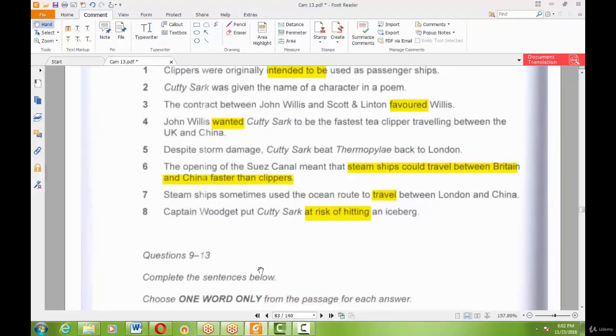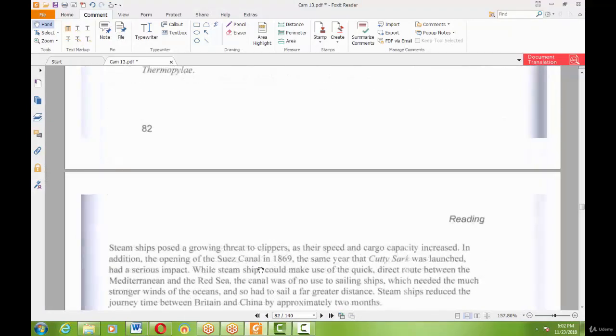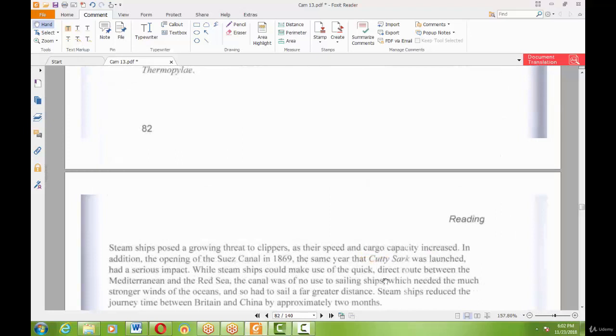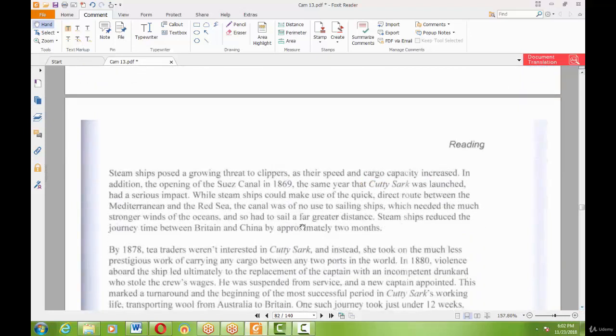Steamships could travel between Britain and China faster than clippers. Britain and China.